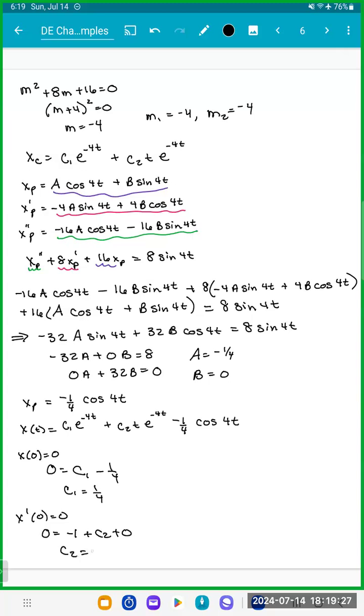So C2 is going to equal 1. So our equation then is going to be 1/4 e to the -4t plus t e to the -4t minus 1/4 cosine of 4t.